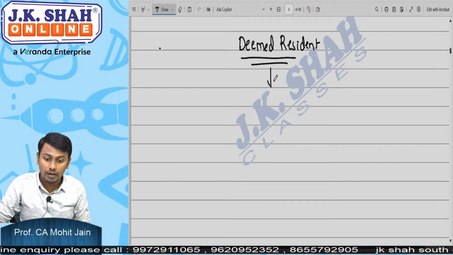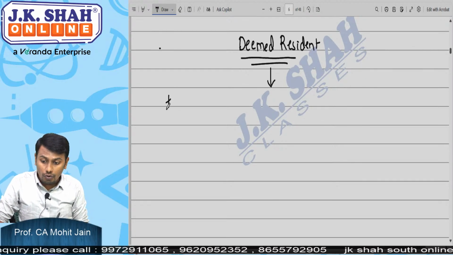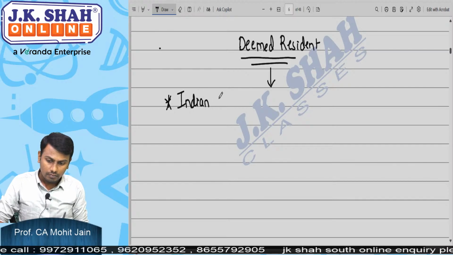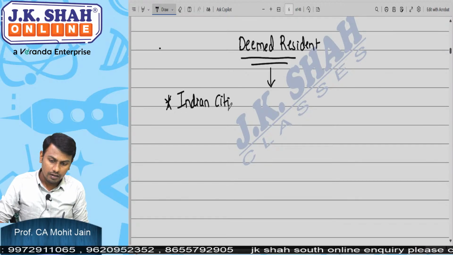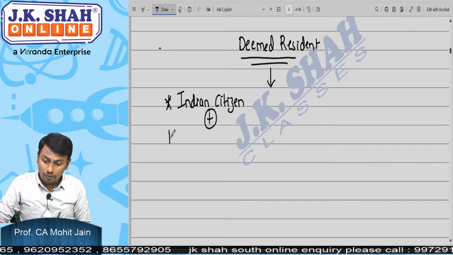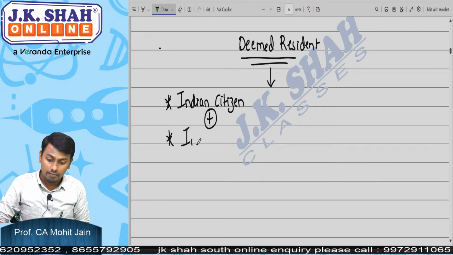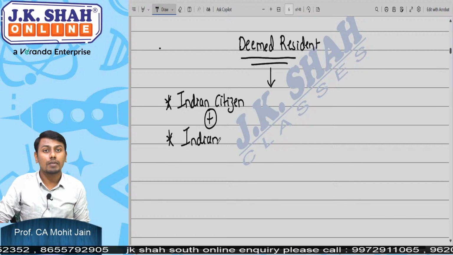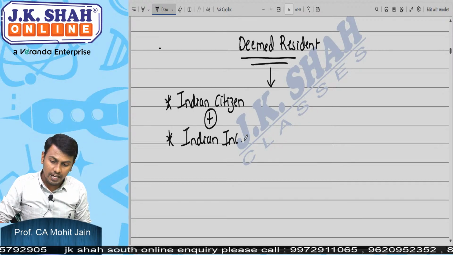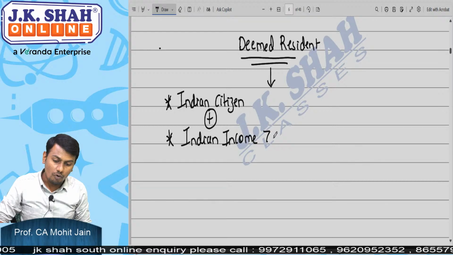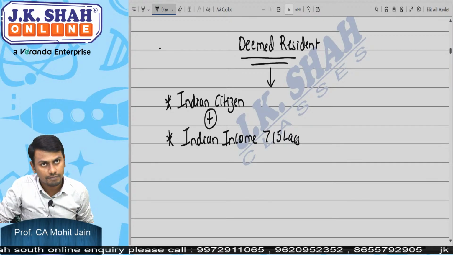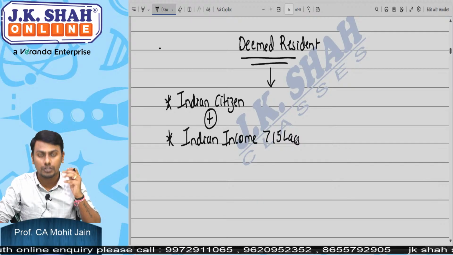Now, when will you be called deemed resident? If you are an Indian citizen, plus if your Indian income, meaning total income excluding foreign sources, is more than 15 lakhs. See, again government is not concerned with the small fish, they are only concerned with the big fish.